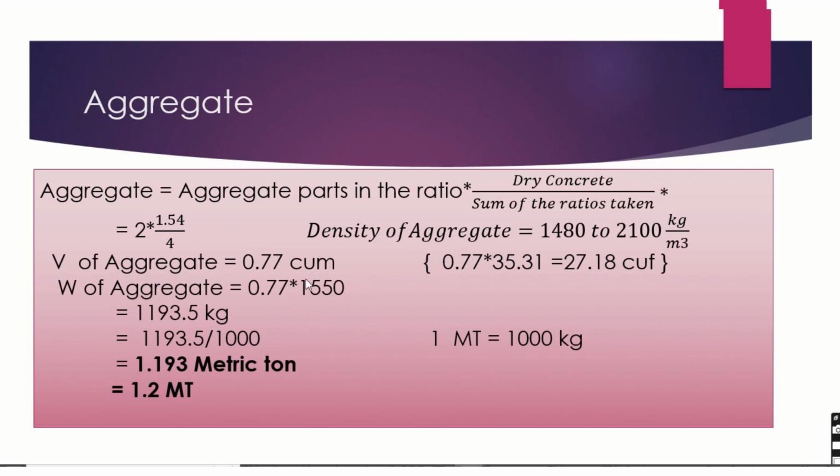I have taken 1550 kg per meter cube. Now let's multiply this volume with this density, and we get the weight of aggregate in kg: 1193.5 kg.